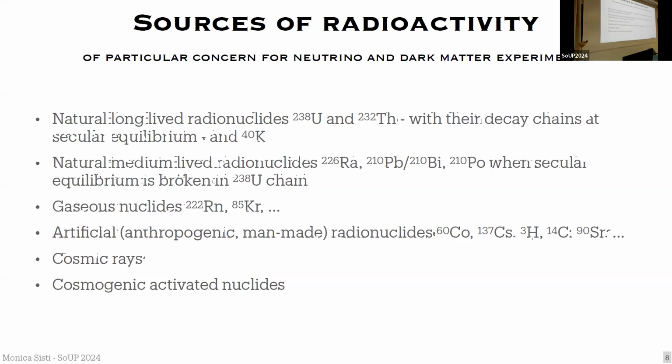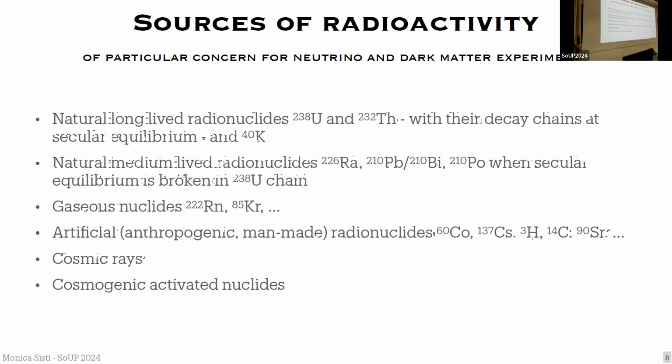You find it, but it's much less abundant than radon-222, which has a half-life of 3.8 days. So it has time to emanate from materials, and it diffuses. Since it's a noble gas, it doesn't interact, so you can find it also very far away from the place where it was emitted. And so it is of great concern in all experiments.